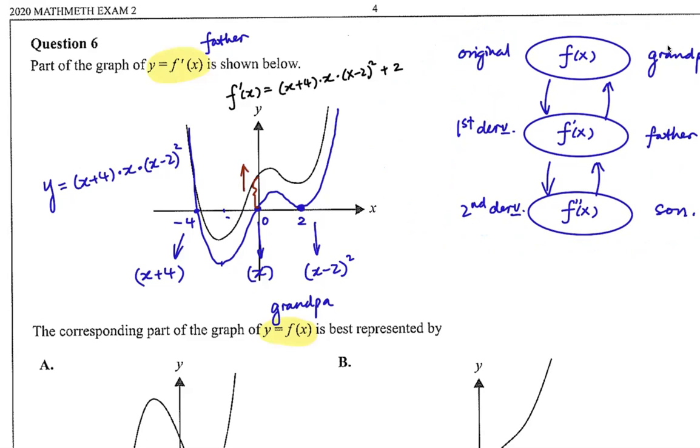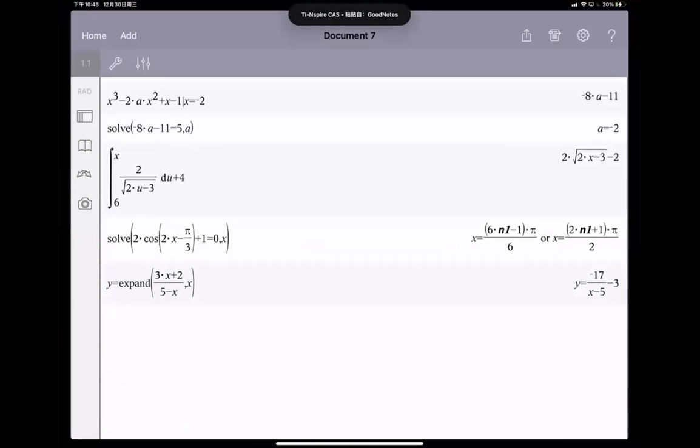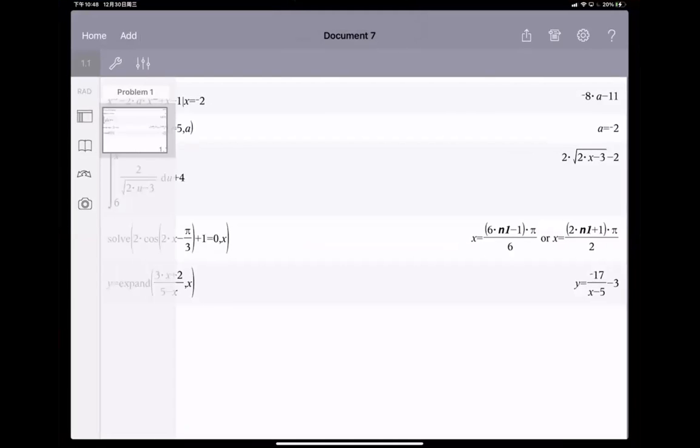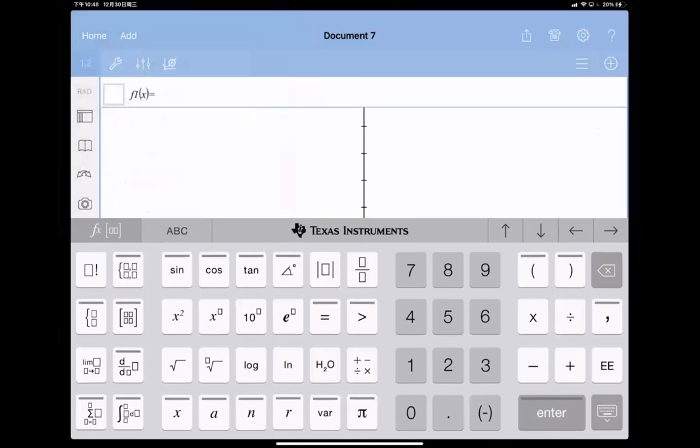The whole purpose of this procedure is preparing some button pressing steps on my CAS calculator. So from my deduction, the derivative function can be written as x plus 4 times x minus 2 squared as one repeated factor. Then add, let's say, add 2.